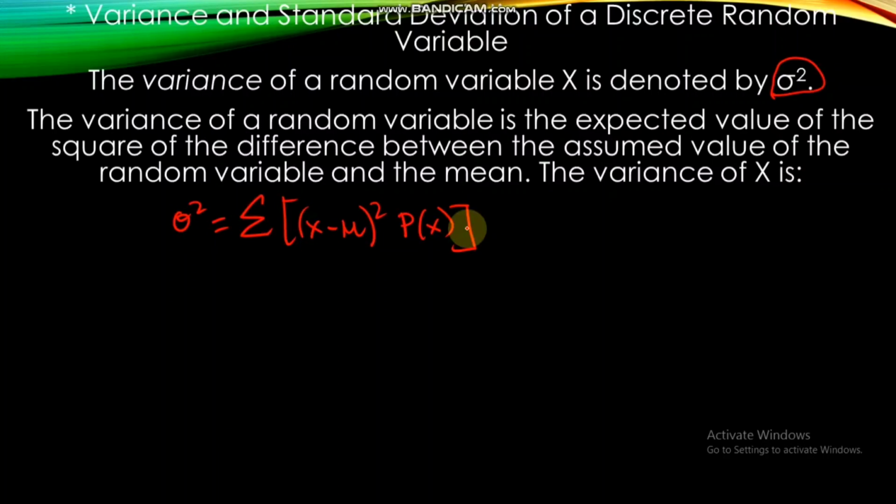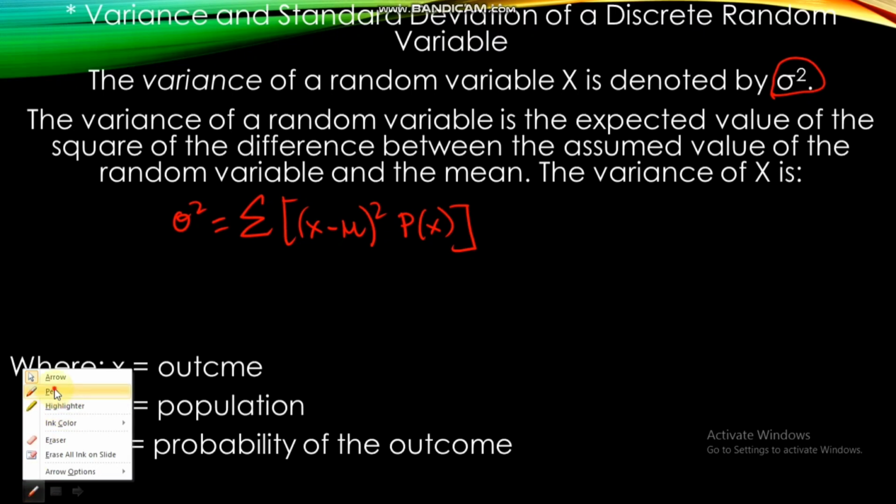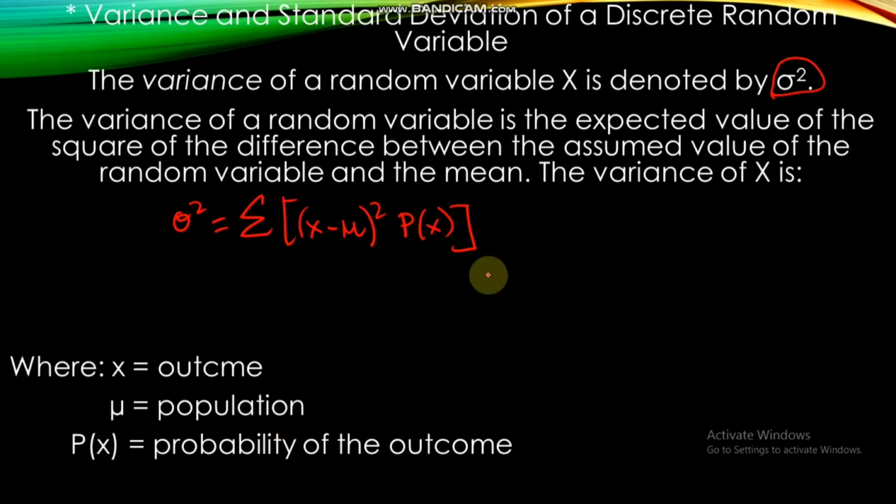This is the formula in order to find the variance of the discrete random variable, where x is the outcome and this one is the population mean, read as mu. And p of x is the probability of the outcomes.